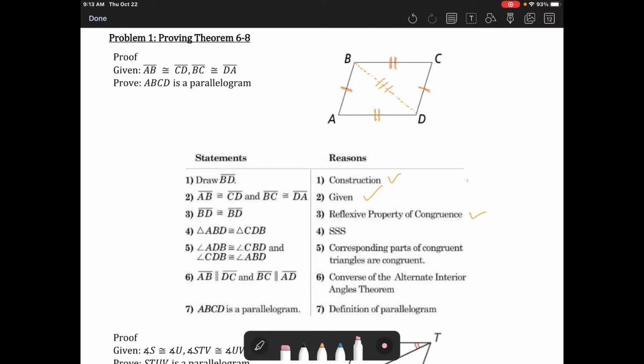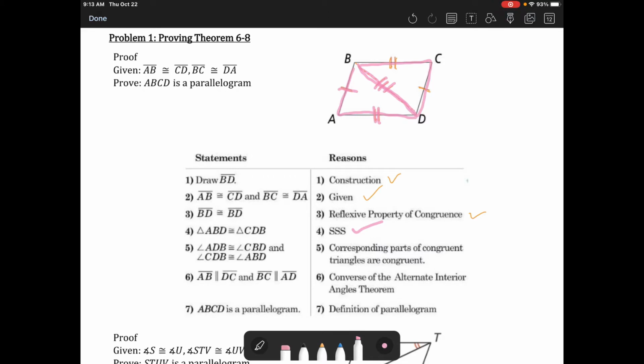So we can actually conclude that this triangle and this triangle are congruent by side, side, side. Look, I have a side, this side, and then this side. Three sides that are named that are corresponding and congruent.